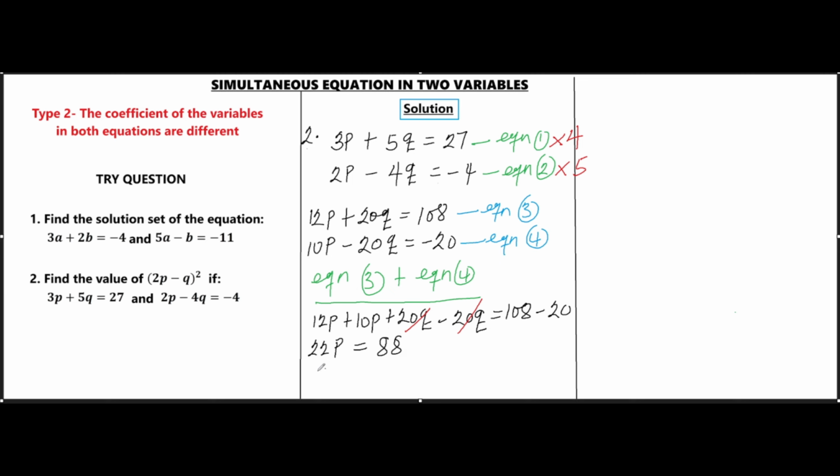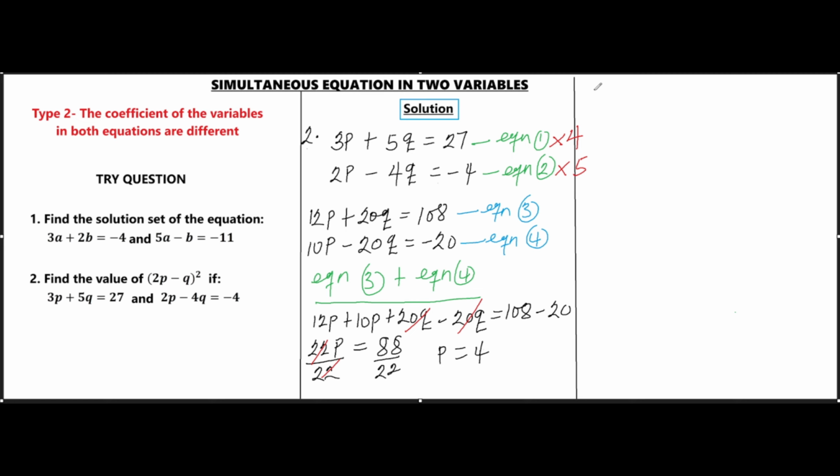So since we are looking for p, we divide each side by 22, and then 22 will cancel out. We have p equal to 88 divided by 22, that is 4.